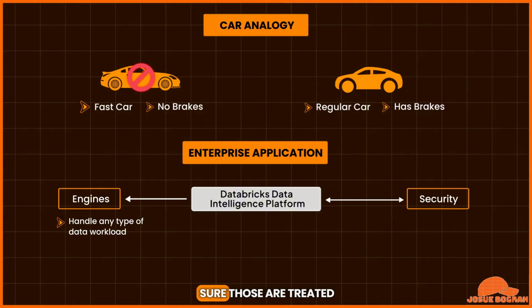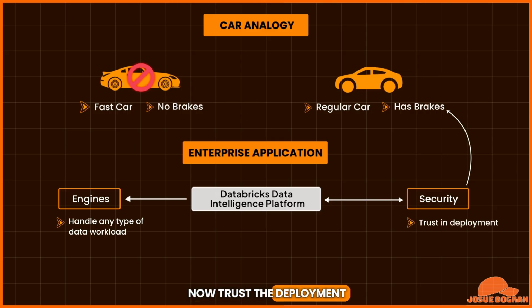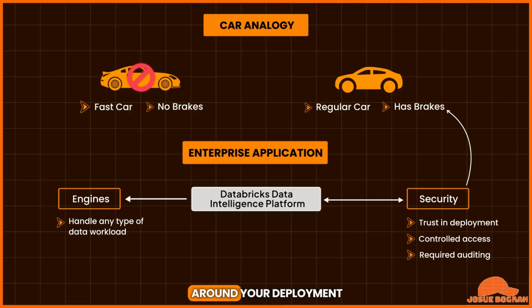We want to make sure those are treated as brakes to slow you down, make sure you are practicing all of these properly and deploying them so that you go slow to go fast. That way you can now trust the deployment. You can make sure the right people are accessing the environment. They are doing the required auditing and everything that goes around your deployment.